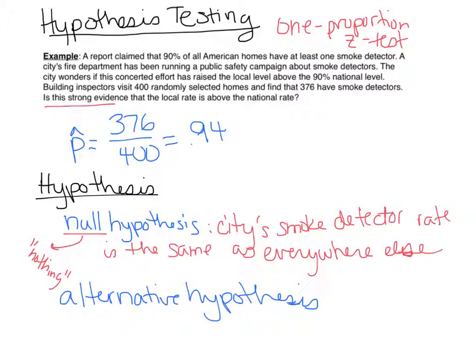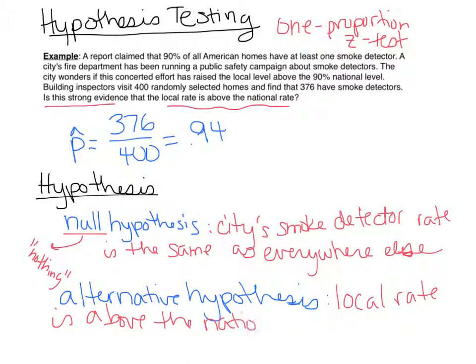This one they're saying that the local rate is above the national rate. So our alternative hypothesis is going to just be that the local rate is above the national rate. So that's what the hypotheses are in words.